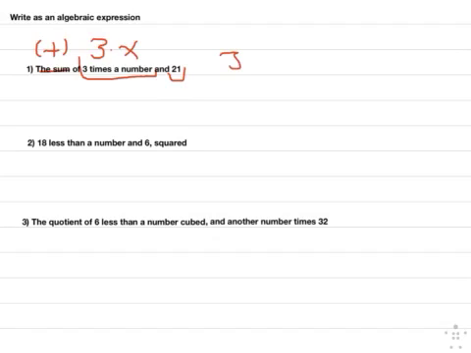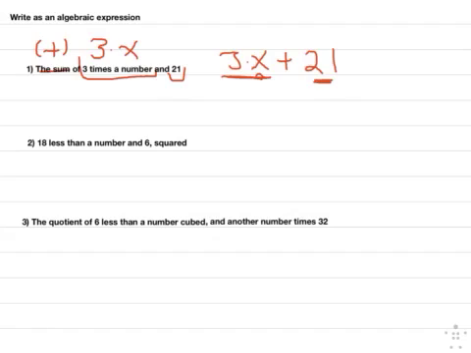So we have 3x plus 21, 3 times some number plus 21, or the sum of these two quantities together.